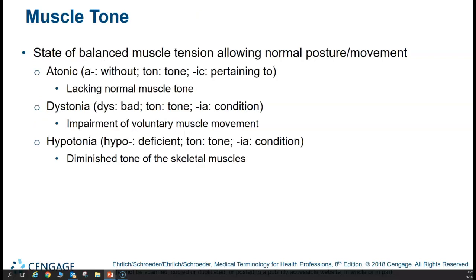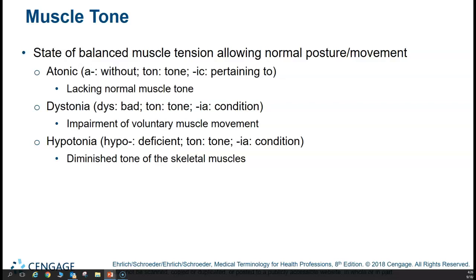And when we talk about muscle tone, there are 3 different terms that you may see used. Atonic, if we go back to our prefixes, A means without. So this means lacking normal muscle tone. Please notice how they have defined it, pertaining to lack of or without muscle or tone.